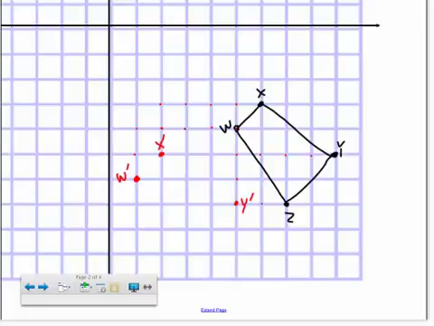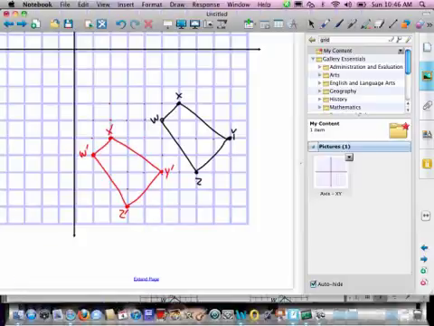And Z over 1, 2, 3, 4, down 1, 2, there is Z prime. And when I connect all those, hopefully it looks just the same as the other one did. And that looks pretty close to being the same thing when we're all done. So there's my translation. So in this particular case, I just simply moved it over 4 and down 2 for each one.